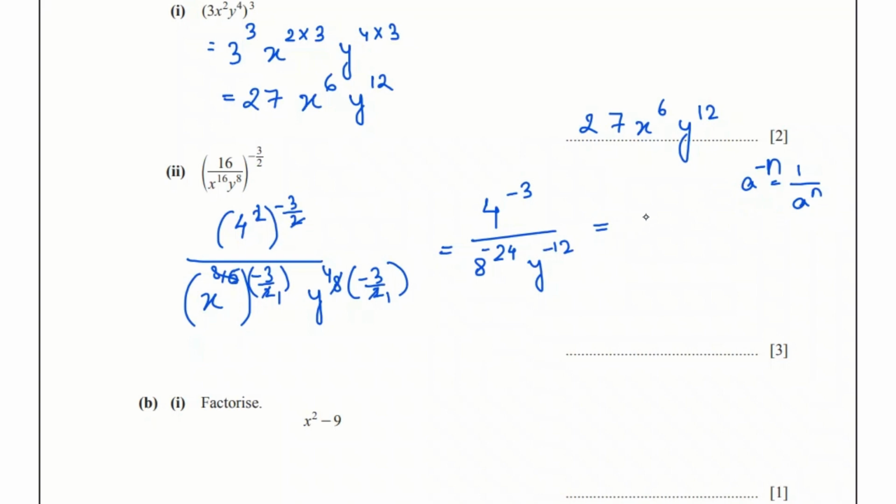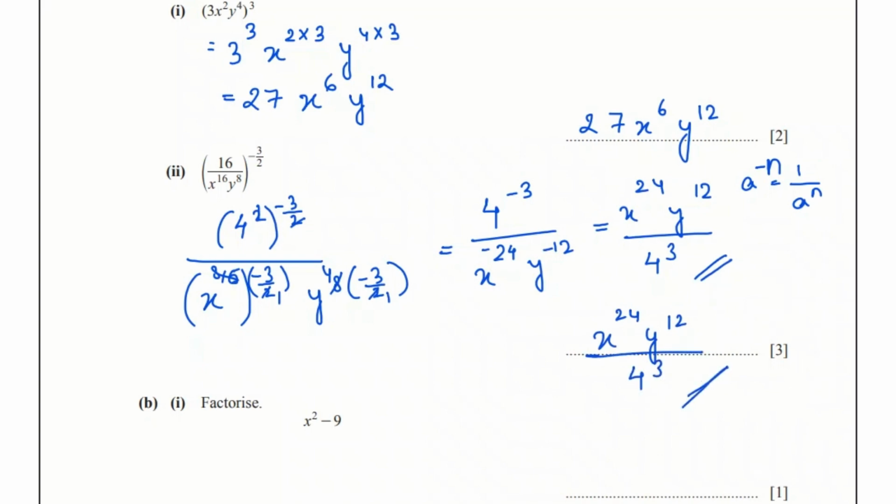So to be more clear, x raised to 24, y raised to 12 upon 4 raised to cube. So x raised to 24, y raised to 12 whole upon 4 cube. 4 cube, let me write it as 64.